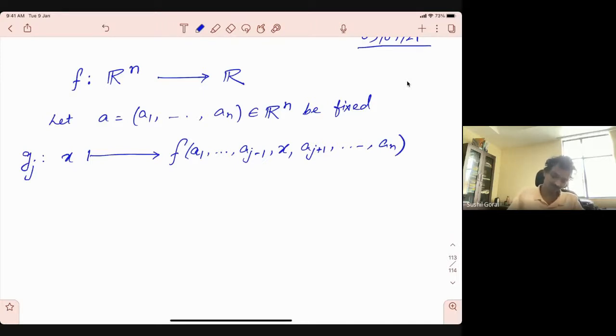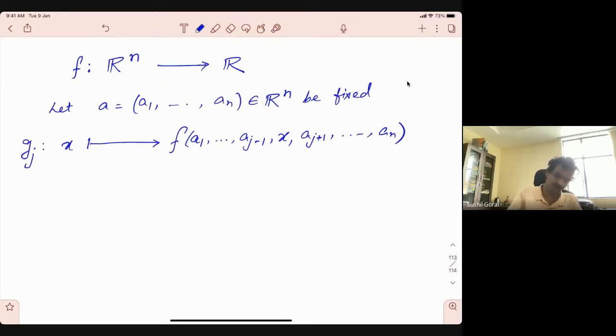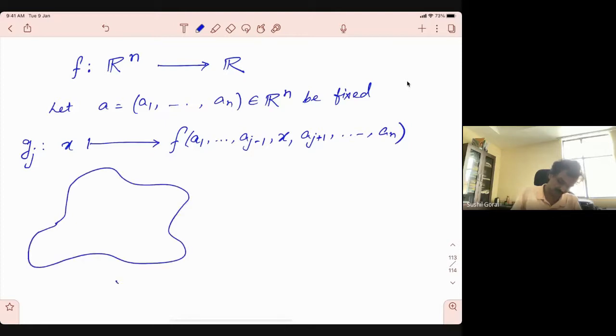Now suppose f is differentiable in a domain, so you will get gj to be differentiable in an interval. Suppose omega is some domain in Rn.